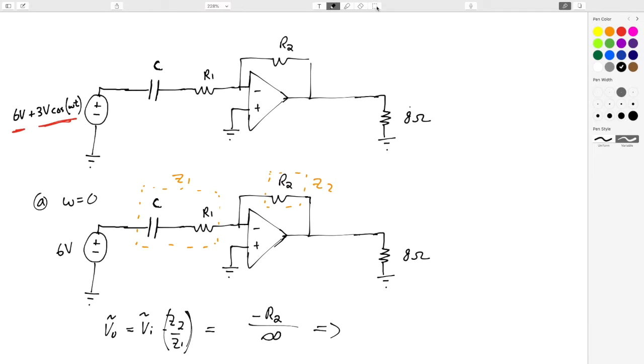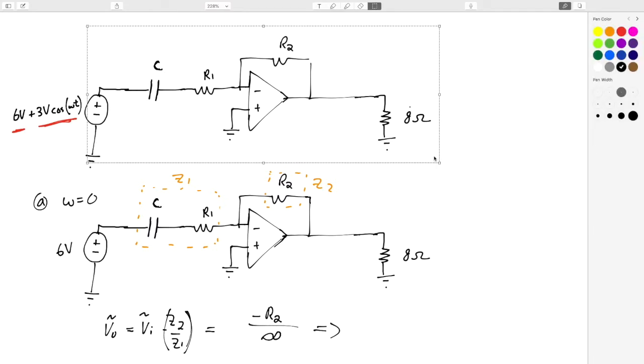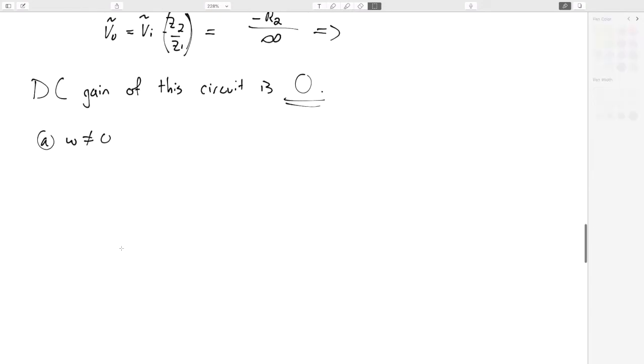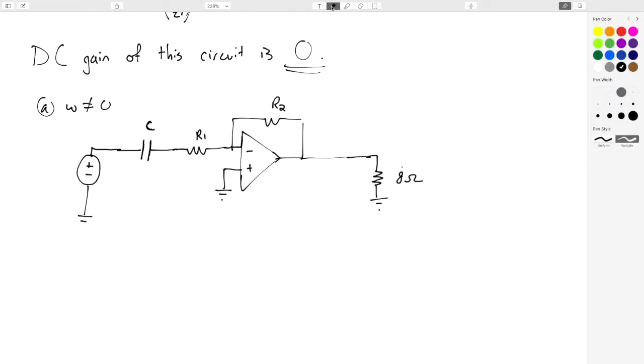So I'm going to copy the circuit down there again. Same situation. We have Z1 and Z2.